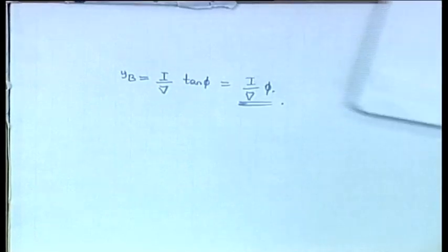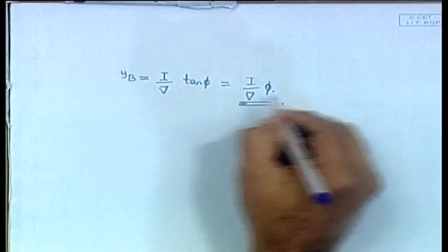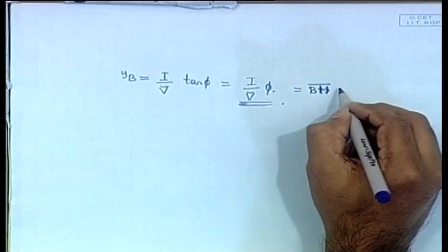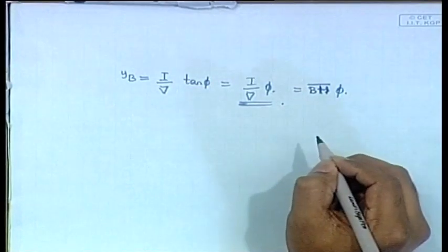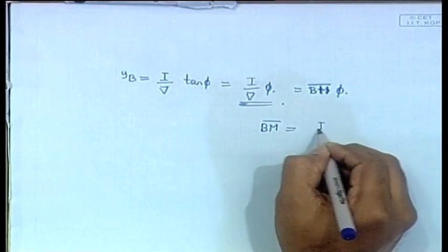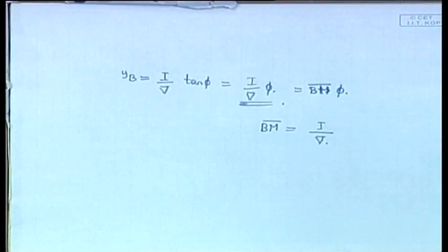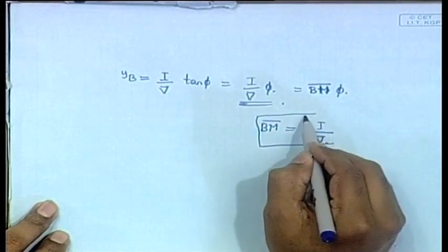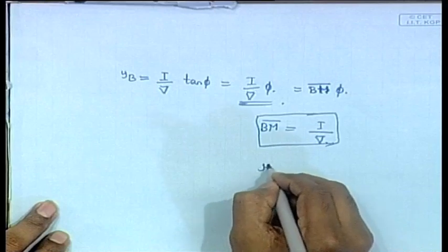So, YB is equal to BM tan phi, or BM phi. Therefore, you get that BM can be represented as I by del. This is an expression for the metacentric radius.